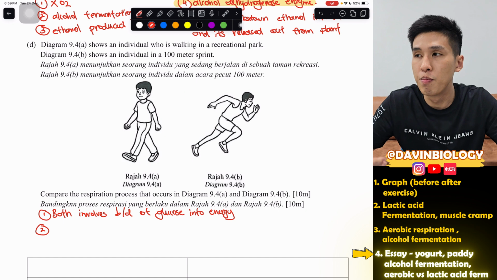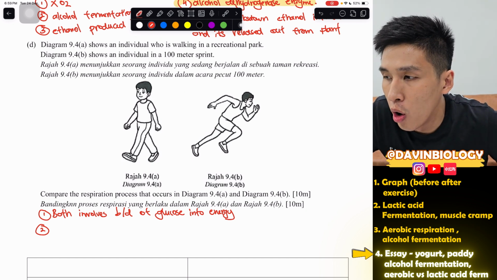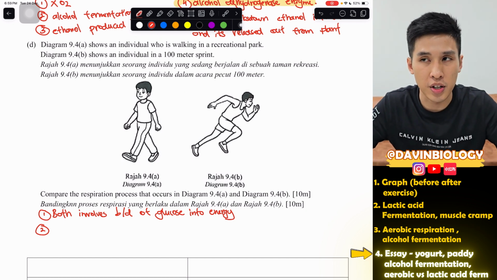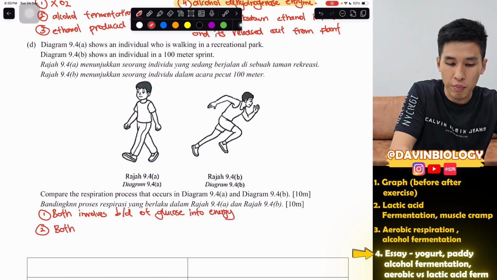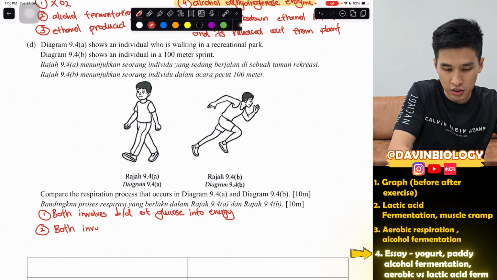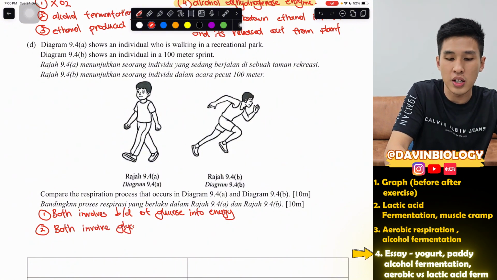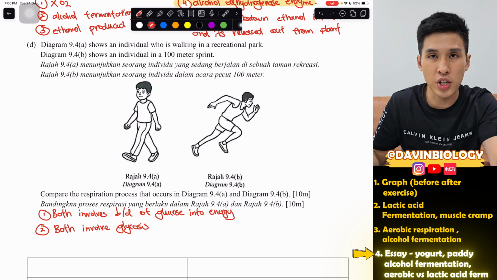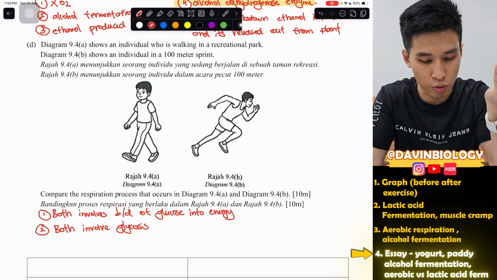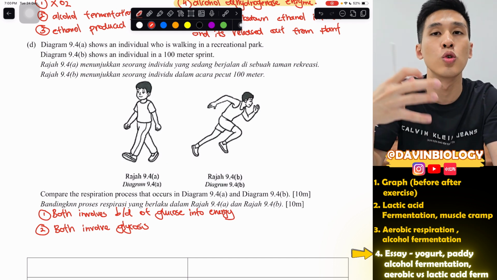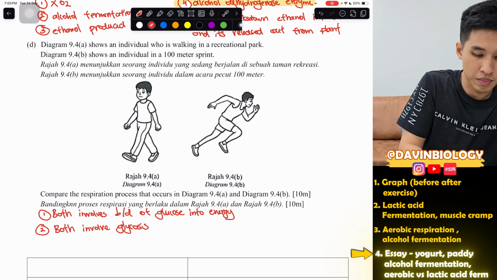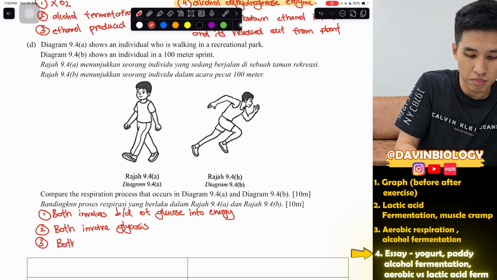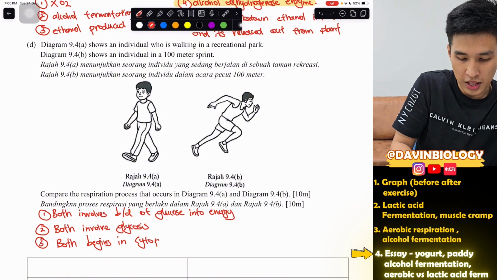Both processes involve glycolysis. So regardless of whether there's oxygen or not, aerobic respiration or fermentation, you first need glycolysis, breaking down the glucose into pyruvate, which means both processes begin in the cytoplasm.